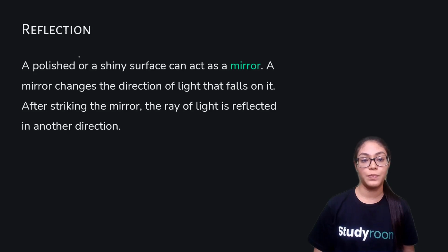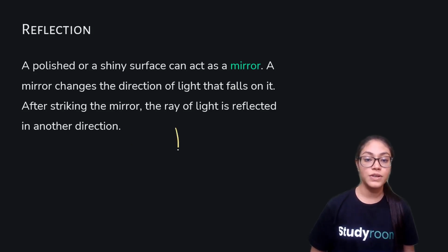Now, reflection. A polished or a shiny surface can act as a mirror. So, any polished or shiny surface can act as a mirror. A mirror changes the direction of light that falls on it. After striking the mirror, the ray of light is reflected in another direction.